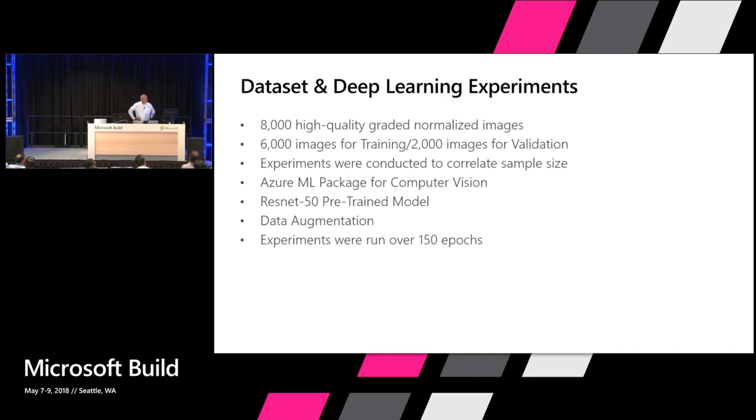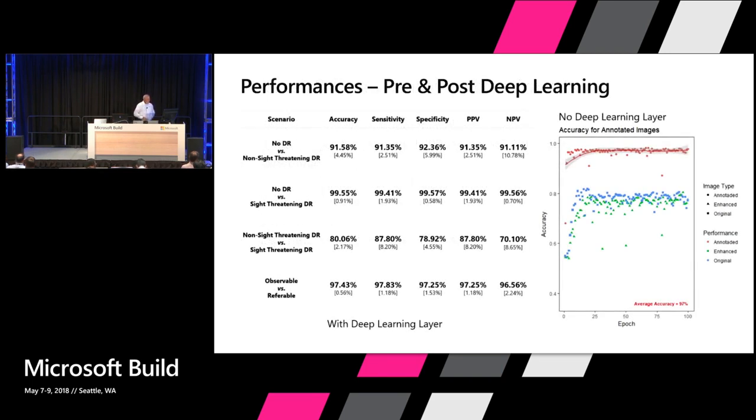I calculated that 6,000 images is enough to use the training package, which is a ResNet 50 pre-trained model with data augmentation. So when it's trained, it's validated on the 2,000 images, and I got these results.